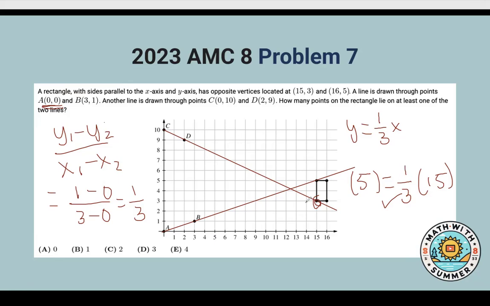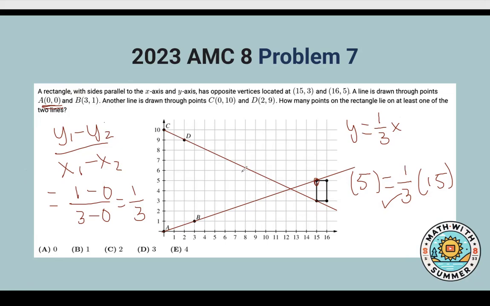And that means it doesn't pass through any other points on this rectangle, since it hits at this bottom corner here and continues to decrease, and there are no further points that are lower than this point here, right? If that makes any sense. Sorry, I chose the wrong spot, right here. So we know where this line AB hits.